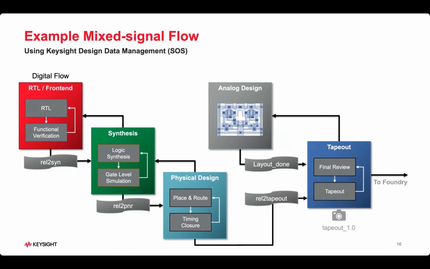And this way, anybody in the project can always go back in time and build their work area based off of release 1.0. They don't have to keep track of all of this data or export it out in different directories to manage what is the tape out data. It's all maintained in the data management tool. And this way, they're able to always go back to any previous labels and build these work areas up again.